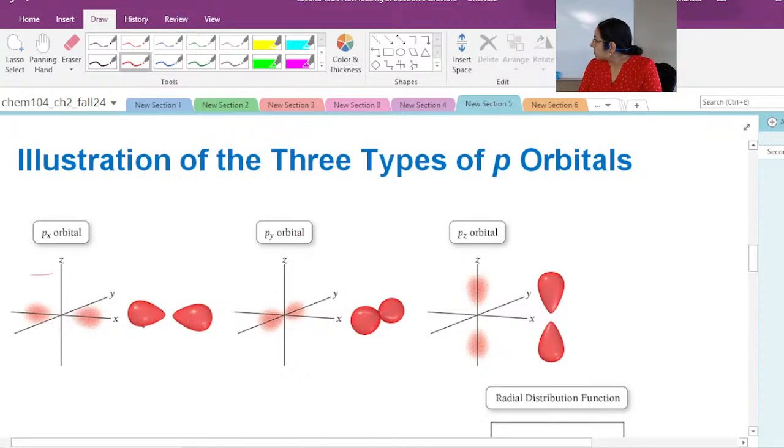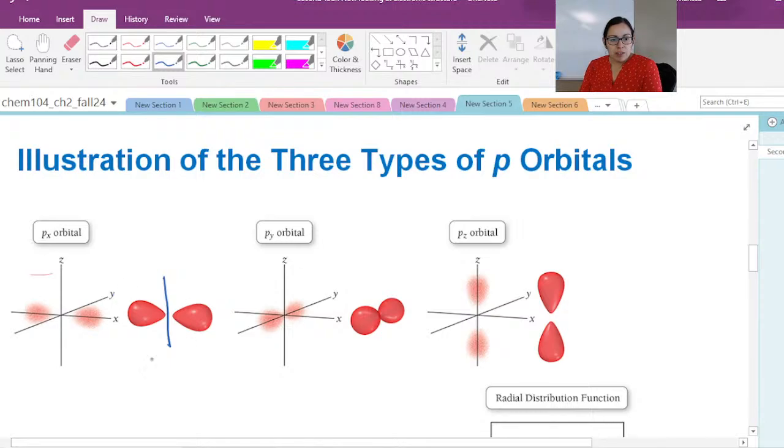They have these dumbbell shapes, and they have one node. Here, that's where its node is considered to be. Again, that's just an area of no electron density. And then they're named for their axes. So of course, px lies on the x-axis, py is on the y, pz on the z-axis.